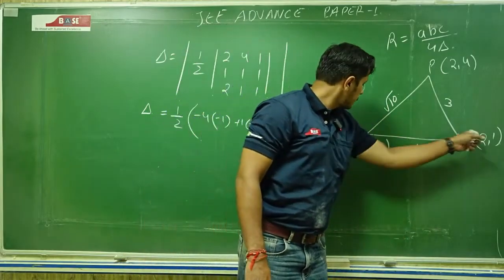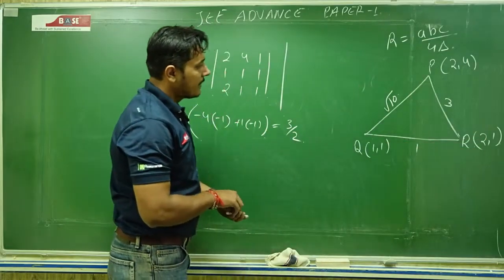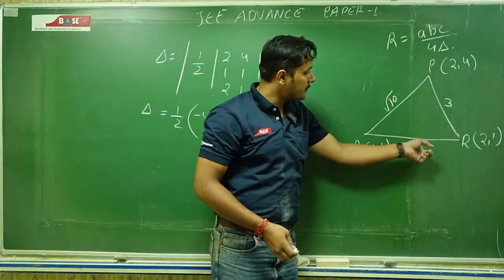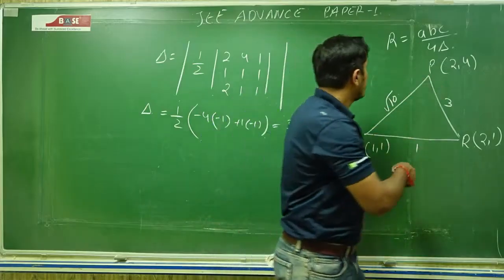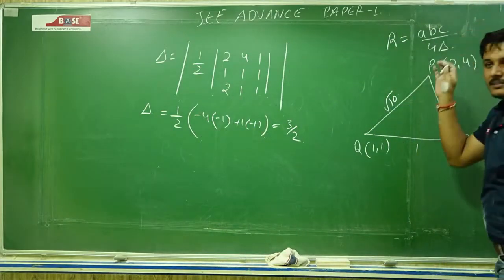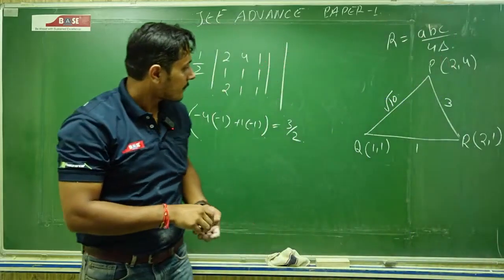I think correct, yeah, 2, 1 minus 2, yeah, correct only. So ABC we also got. A means the side opposite to this P, we can also say, in this case, if I am using this, I can use the formula, but leave it, we all know what is happening here.